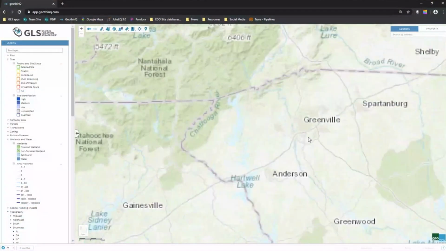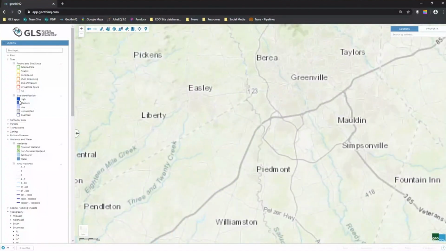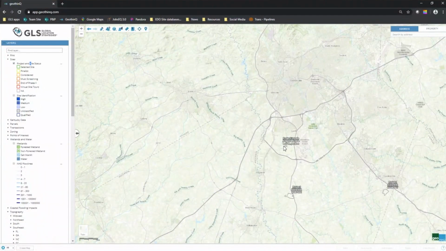Another important element to consider during a virtual site visit is to tell a clear story about the community and property that you are showcasing. It's important, first of all, to make sure the client, the company, and the consultant know where you are located. There are lots of Jefferson counties, lots of Greenvilles across the U.S., so it can be hard to have a clear understanding of where they are in the first place.